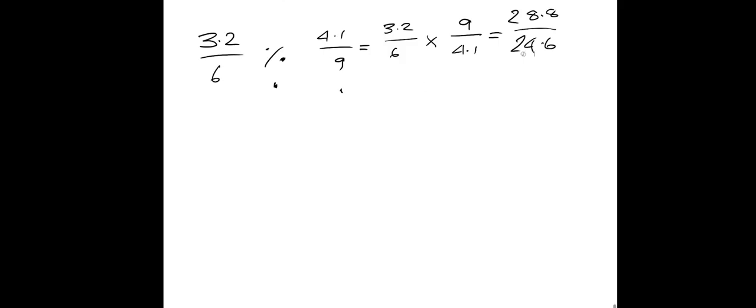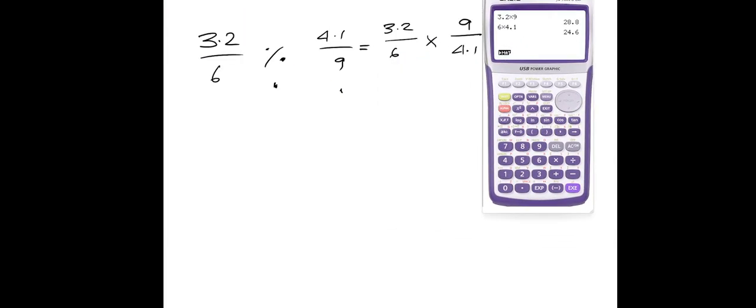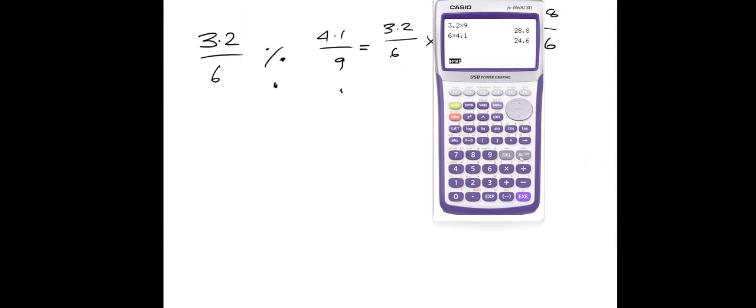Can we? Well, yeah, we can, but there is a slightly better answer than that. And I'm going to show you using the calculator. And just a little tip, when we have fractions inside fractions on the Casio calculators, it always helps to put them in brackets. 3.2 over 6 divided by, in brackets, 4.1 over 9, close brackets.